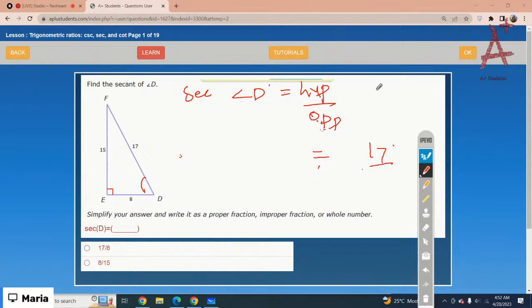Yes, I am confused between this one. It would be hypotenuse divided by the adjacent. Got it?